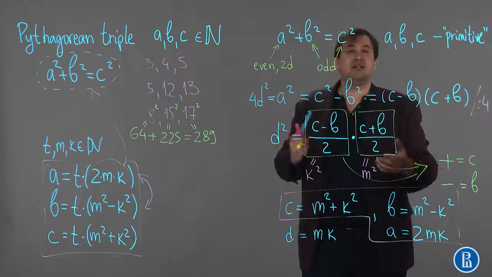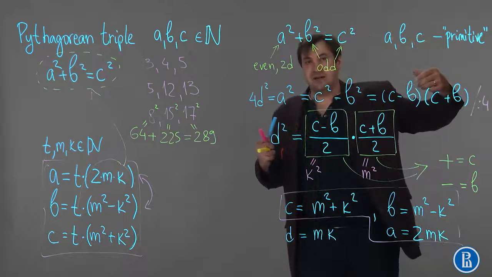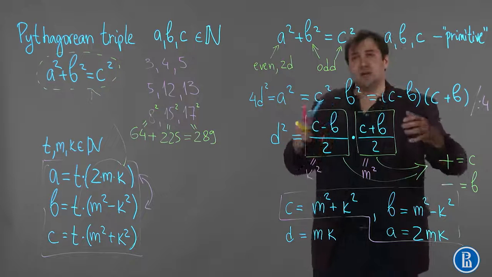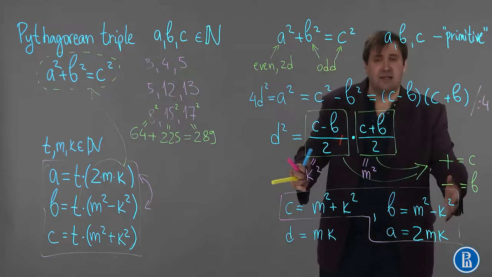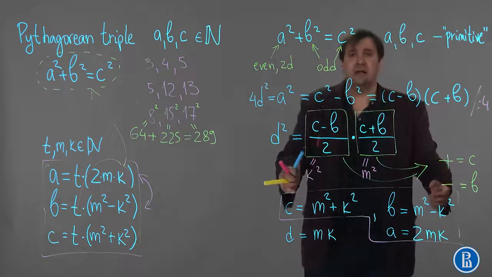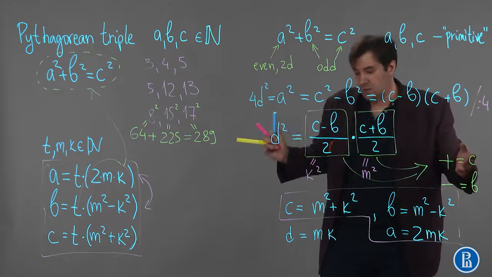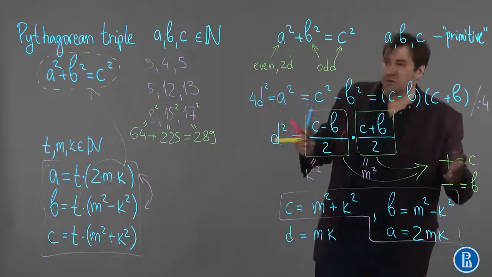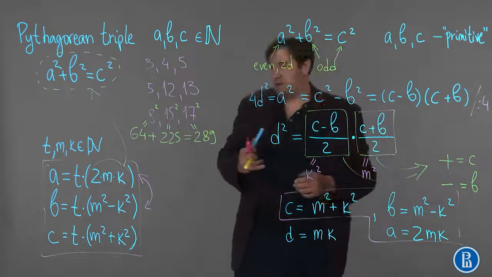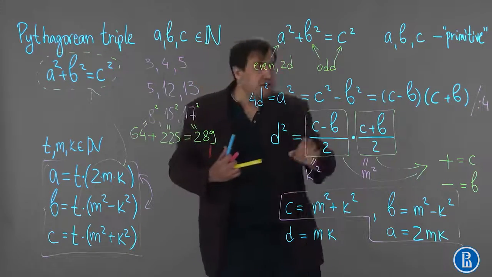But the original a, b, and c contain t, and we can simply take these formulas and multiply each of them by t to gain the original a, b, and c. So this way we proved that any Pythagorean triple can be represented using such formulas.